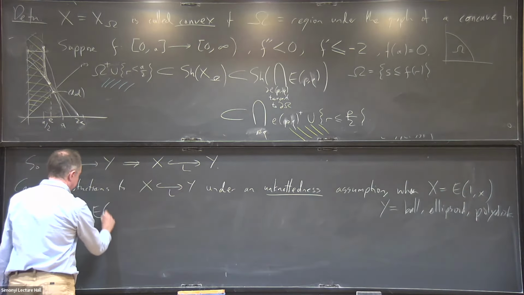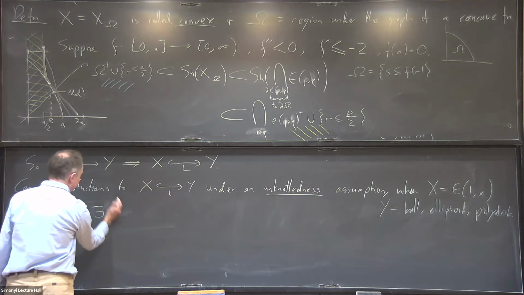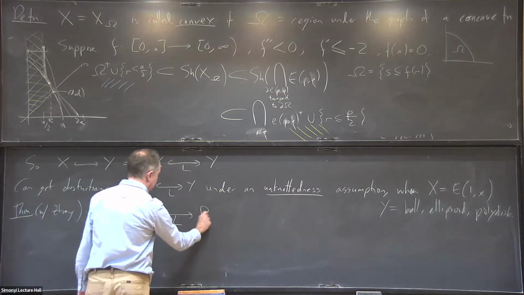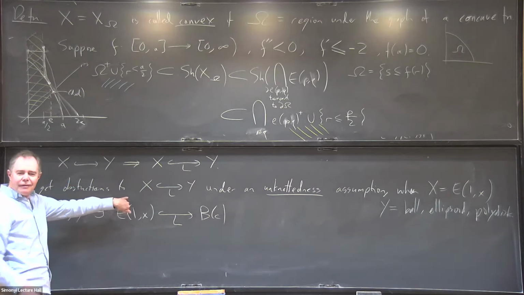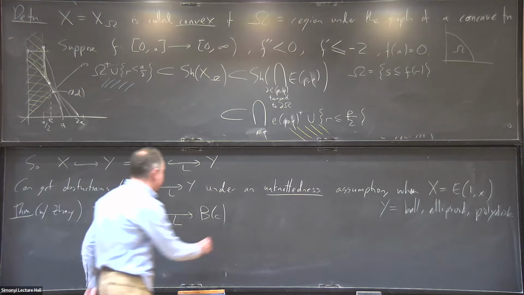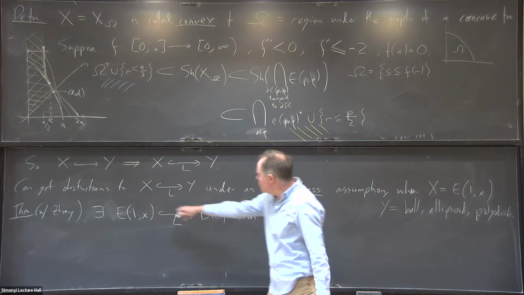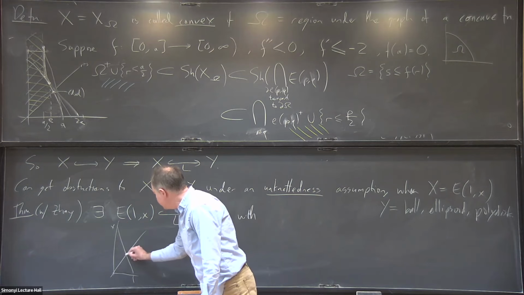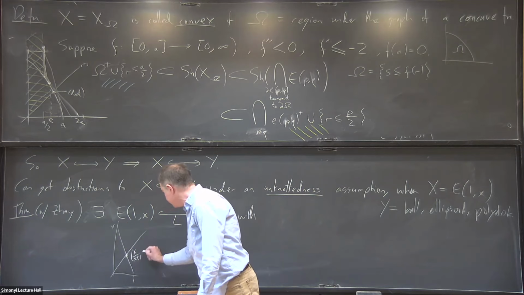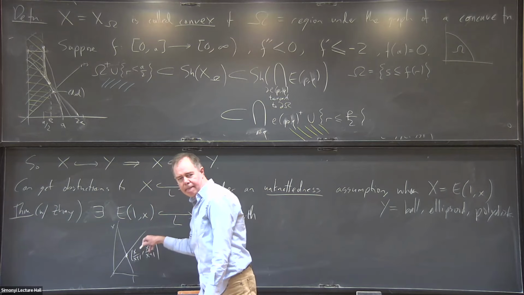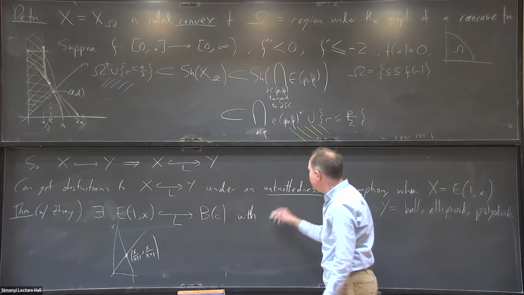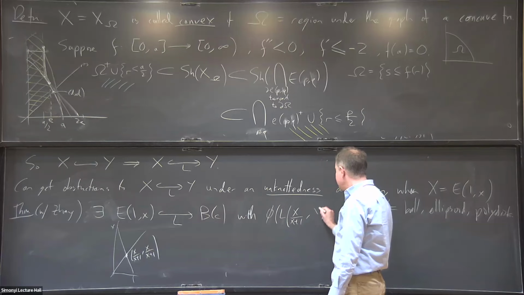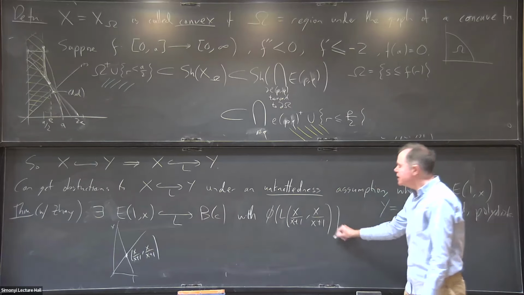So E1X. Let's just say that there exists a family of Lagrangian embeddings, E1X, L, B, C. But I need an unknottedness assumption, and here the unknottedness assumption applies to the Lagrangian on the diagonal. This point here is x over x plus 1, x over x plus 1. If you look at the image of L at x over x plus 1, x over x plus 1, I want this to be unknotted.